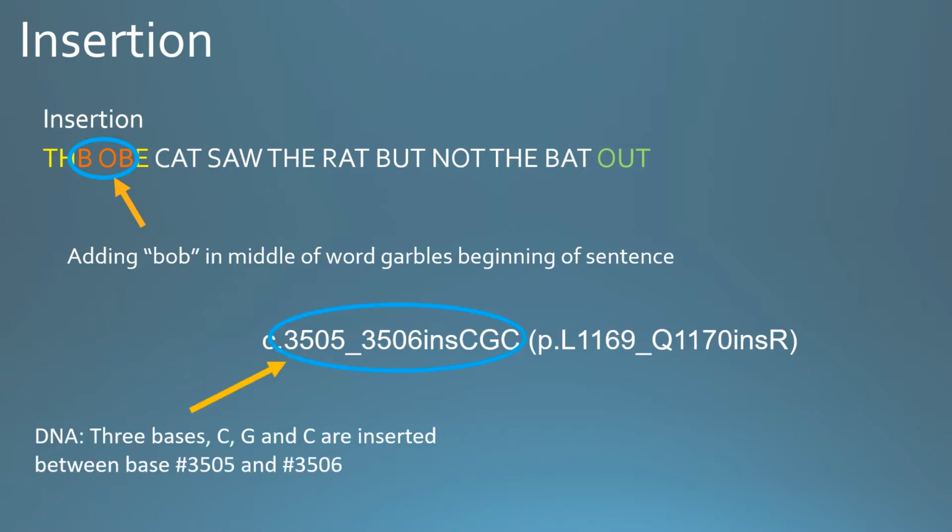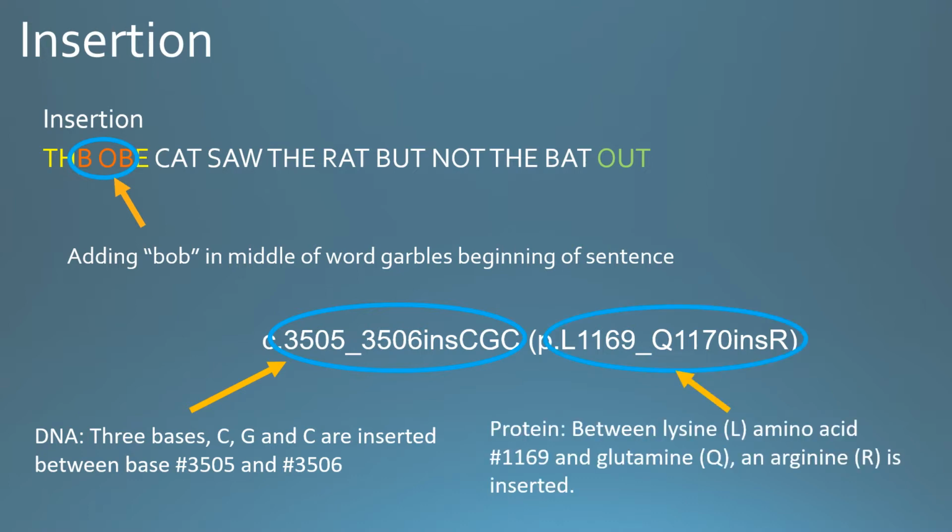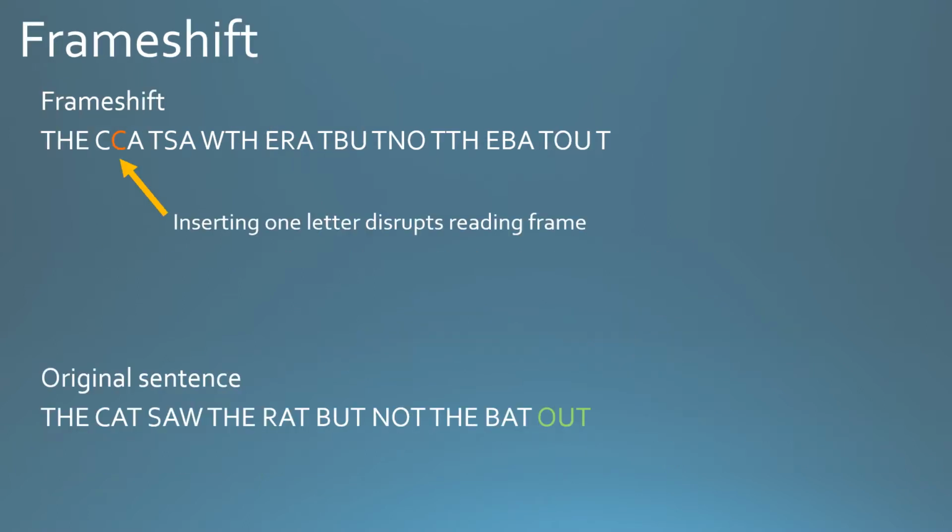So here we put in three bases, CGC, and then add in one additional amino acid, an R, in between, and then the genetic notation says the two amino acids that the extra one is stuck in between.